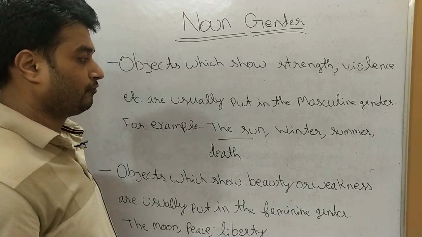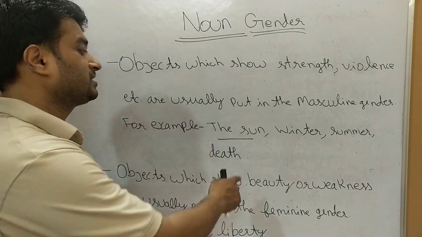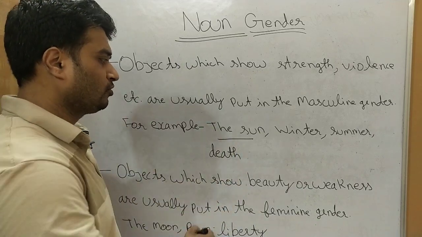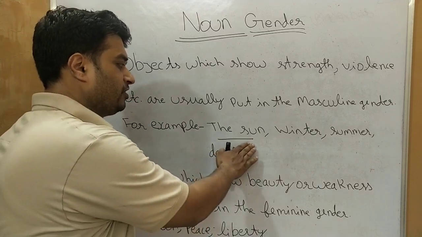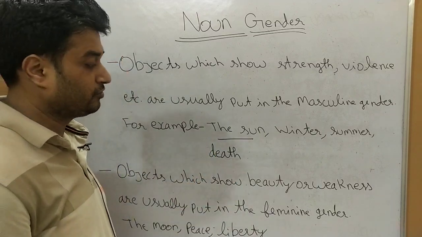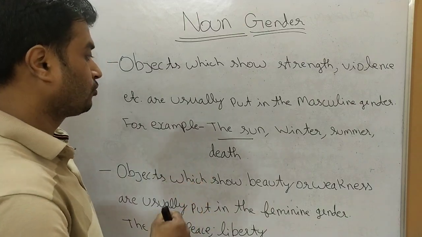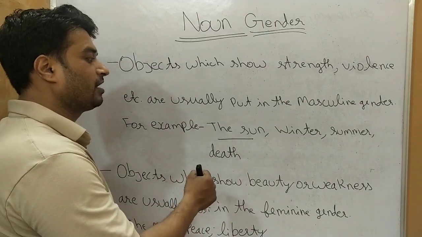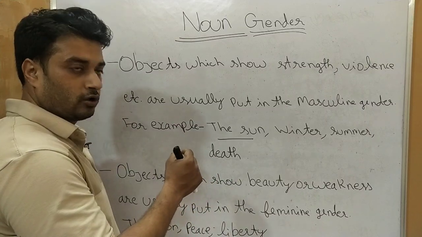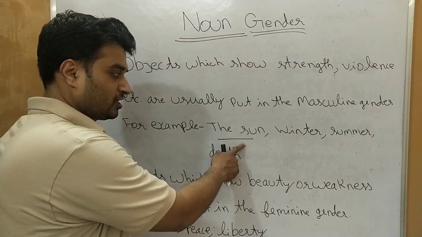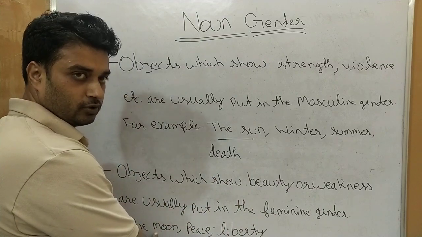Why have we used it? Because it is in the neuter gender. So at the moment we are not treating the sun as a living being. But when we are going to treat it as a living being, we have to use he for the sun, and she for the moon.